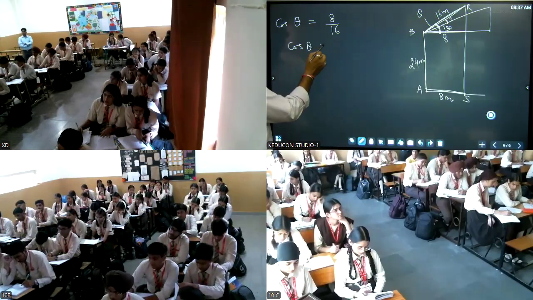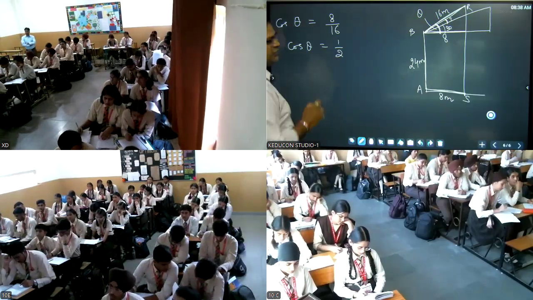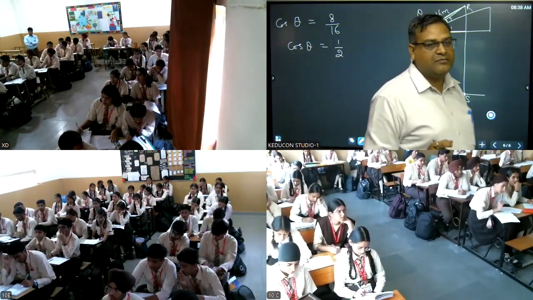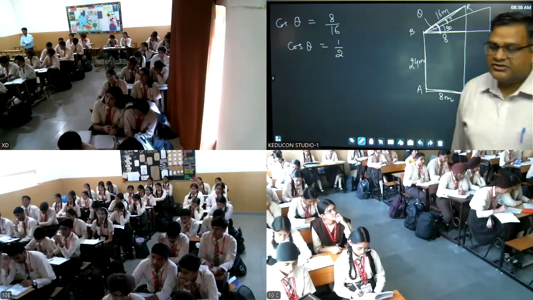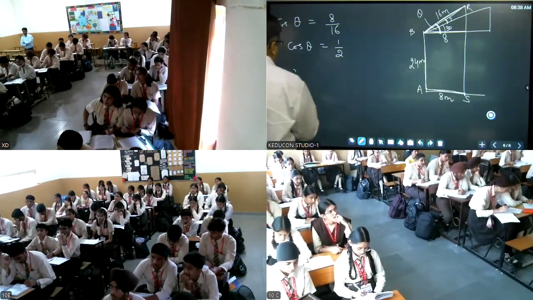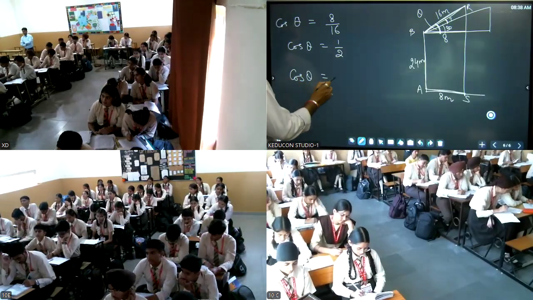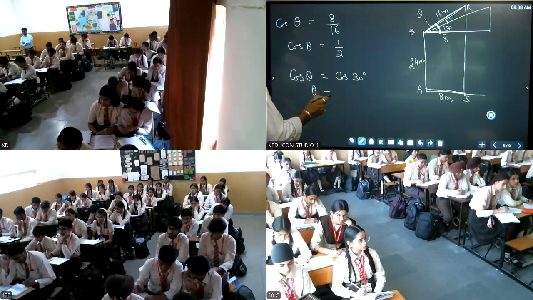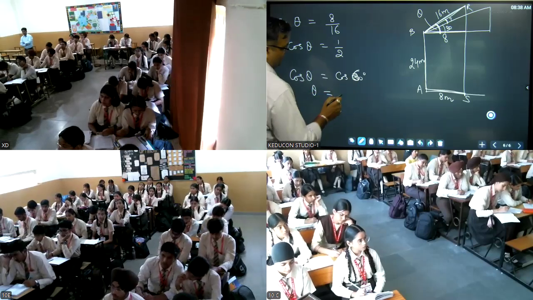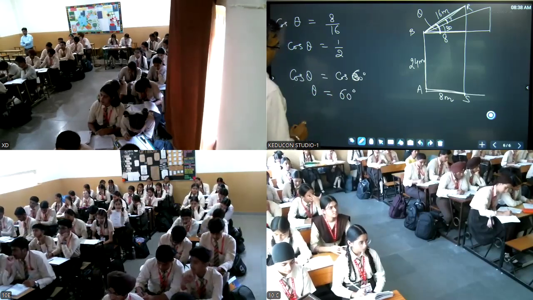So cos theta is 1 by 2. Value of cos theta 1 by 2 कब होती है बच्चों? 60. Right? So cos theta is equal to cos 60 degree. So then theta comes out to be 60 degree.